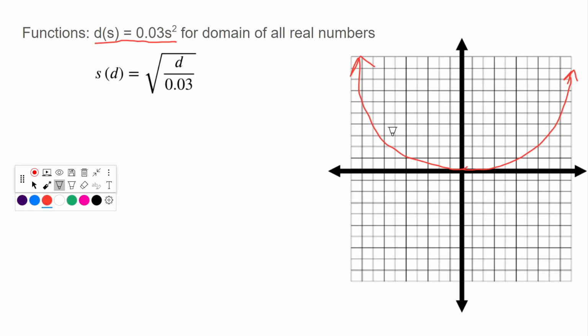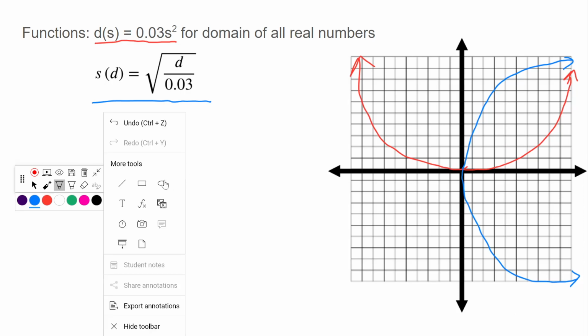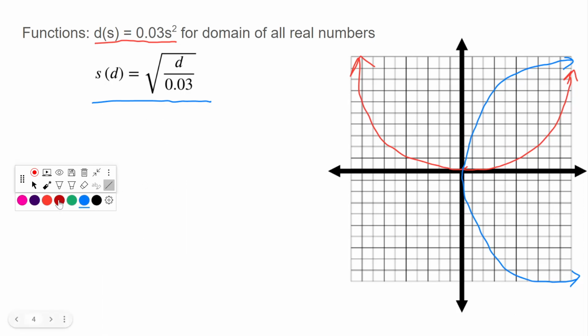Well, if we do the switching, the inverse, which I'm going to do in blue, is going to look more like this. You can see that if I were to draw in, and I know I'm doing all of this with hand sketches, the line y equals x, what you should see is a graph that is reflecting across this line.